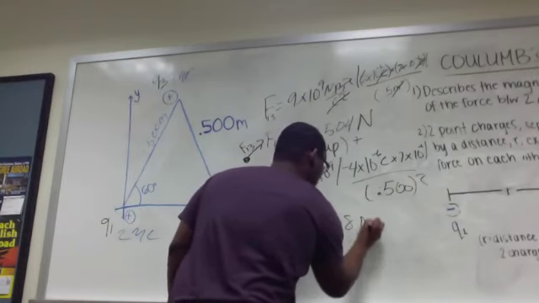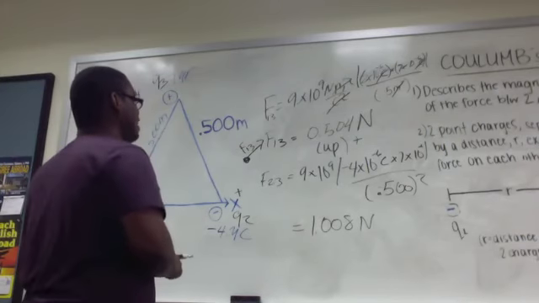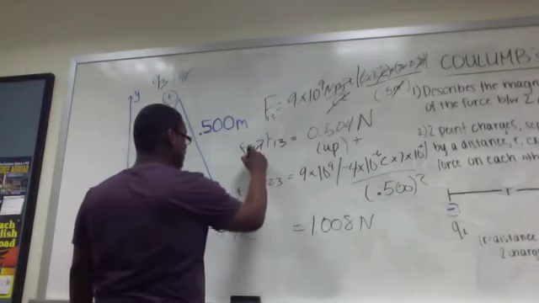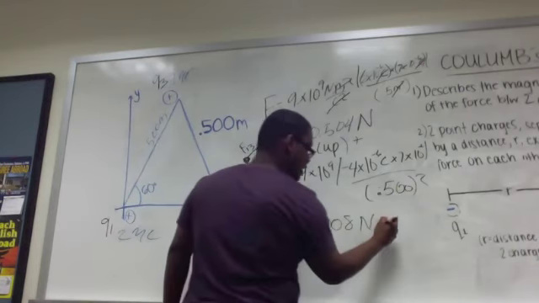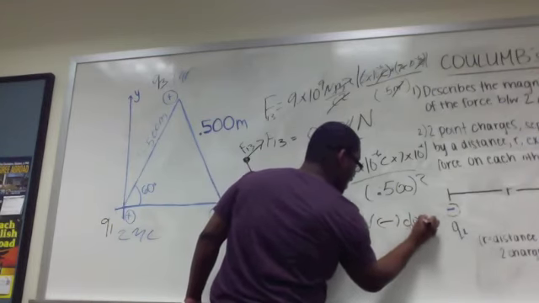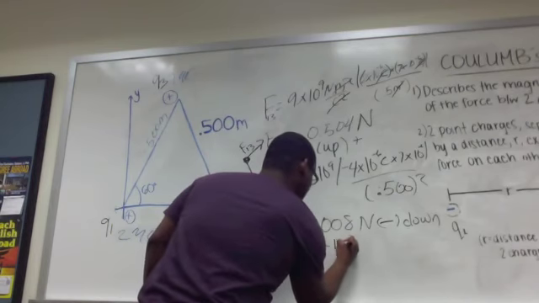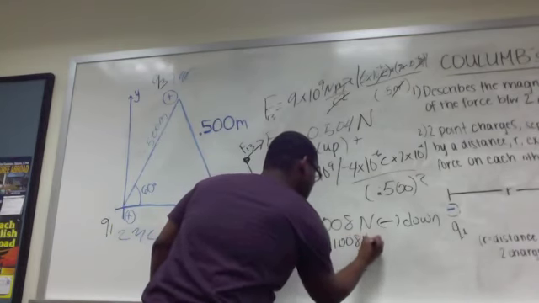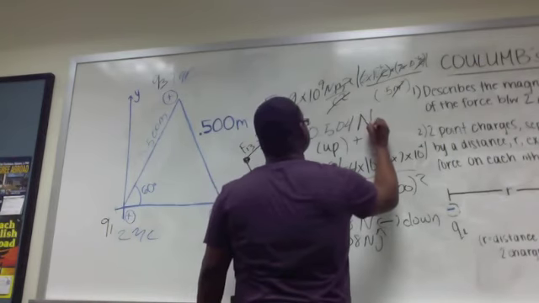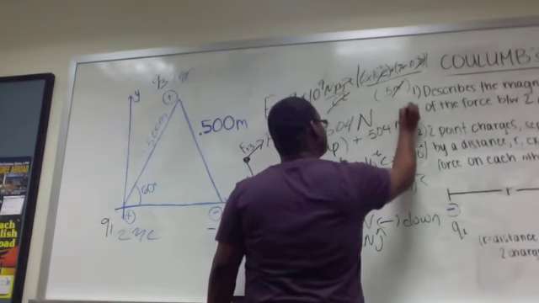That will be equal to 1.008 newtons. To find your resultant vector, you add these two up, but you'll notice that since you have a negative charge here, it's going to be going downwards. So you would rewrite this as negative 1.008 newtons J, and this as 0.504 newtons J, and this one's positive.